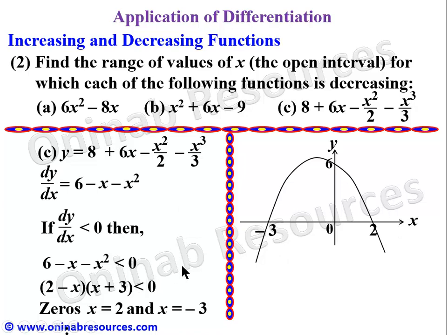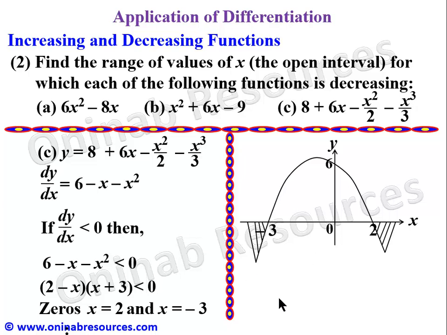And since it is less than 0, it is below the x-axis, that is the negative side of y. And as a result of that, we are going to shade again the wings. So we shade the wings here, so that the two intervals now represent the region or the interval for which the function is decreasing.